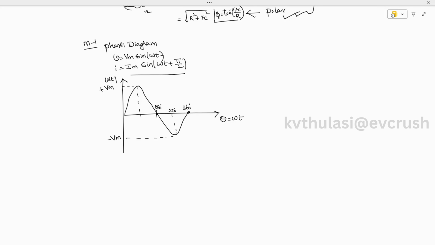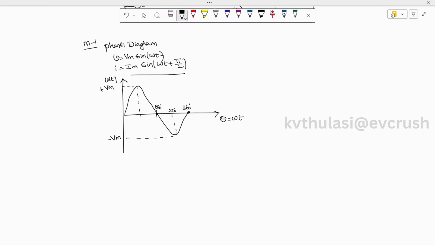Now we want to draw the current. Let's draw it with another color for clarity. Here theta is plus 90, so at t equal to 0, just observe the waveform. The red colored one that I am drawing is the instantaneous current.